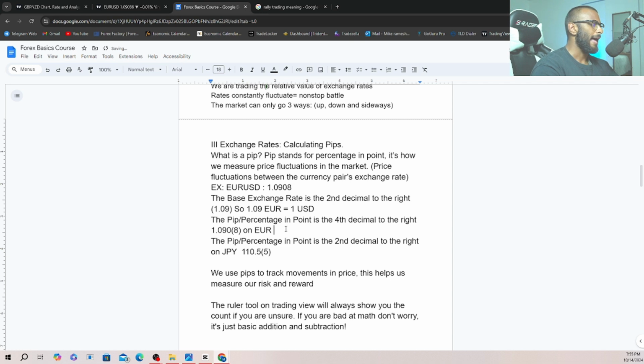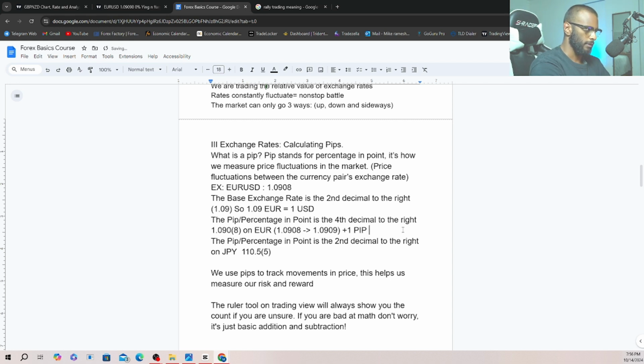So for example, if the euro goes from 1.0908 to 1.0909, that means we are plus 1 pip. Pretty straightforward. Every one digit increase would indicate another pip.